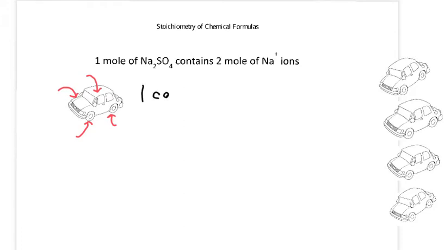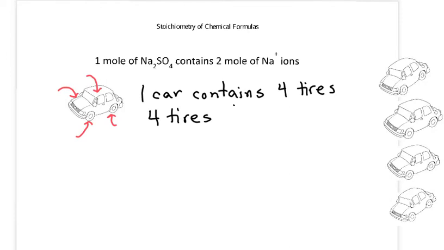So 1 car contains 4 tires, or we can also say that there are 4 tires per car. There's the conversion factor for you. Just like density, whenever you have that per, miles per hour, you can say that 1 car equals 4 tires.